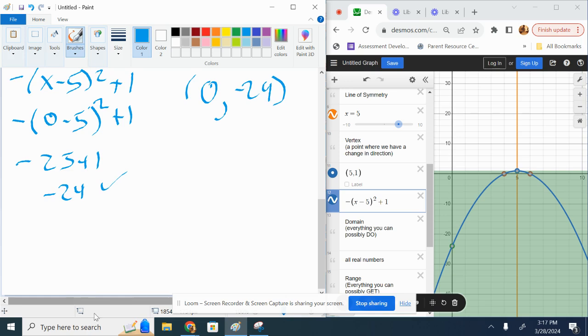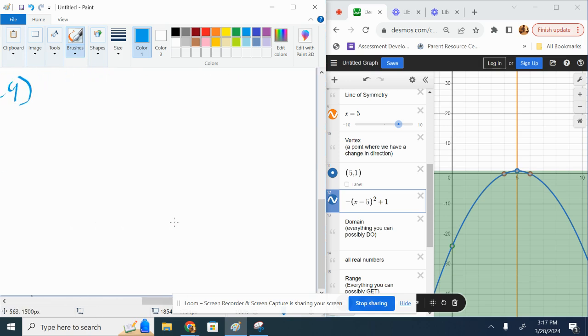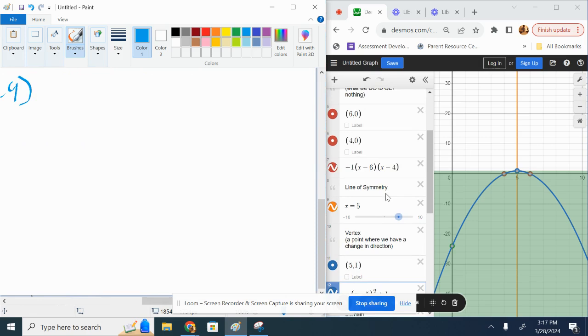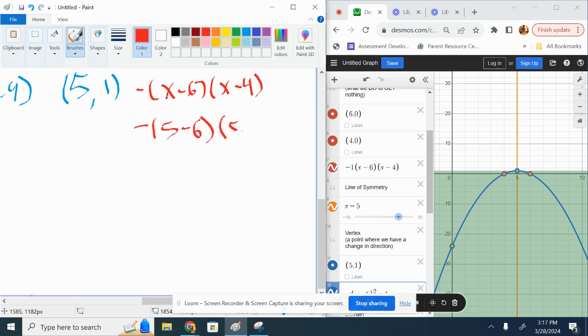And then I can check my other equations. For my factored form, I'm actually going to use the vertex. My factored form is negative (x minus 6) times (x minus 4). So let's plug those in: negative (5 minus 6) times (5 minus 4).